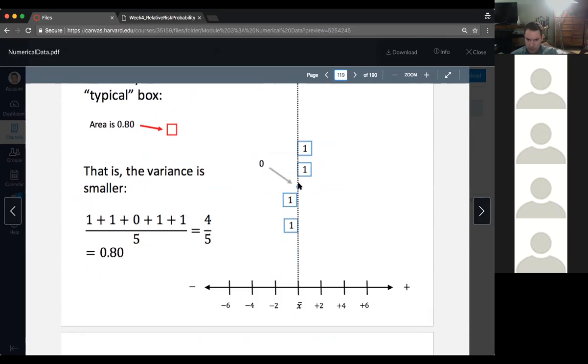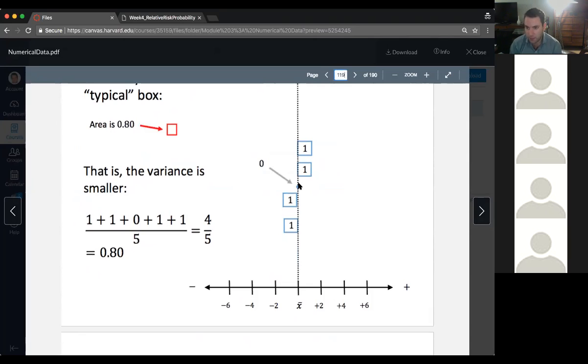So the difference between variance and standard deviation: they're both giving you the spread of the data. They're both getting at the same idea, but the difference is that variance is expressed in units squared.